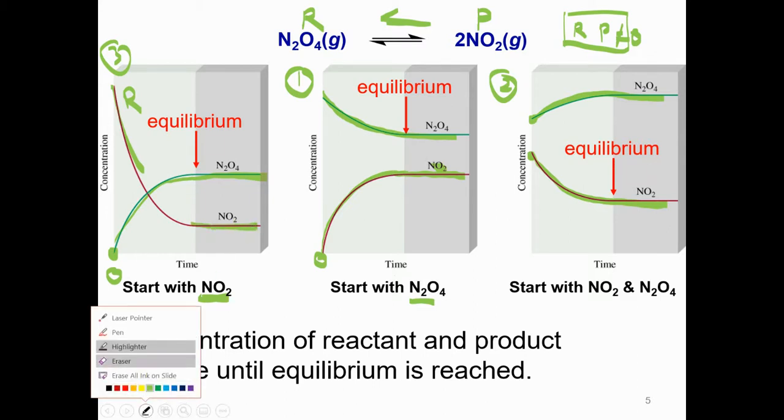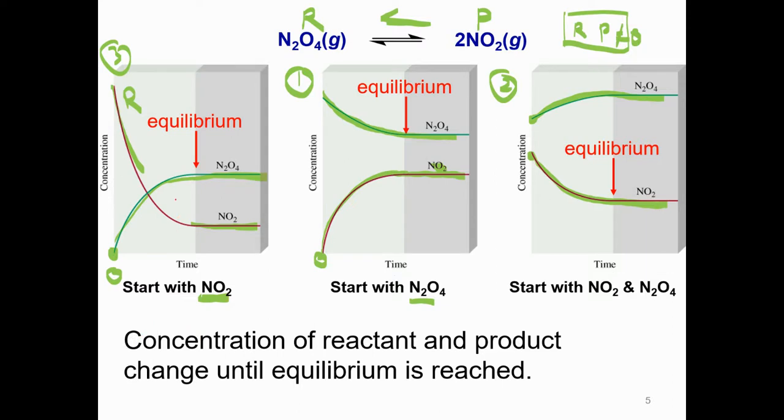Now I just want to highlight again how to interpret the graph. If you see it is increasing, it means that this becomes product and the other becomes reactant. But in the equation, we do not change the position. We only know whether it is going forward or reverse.